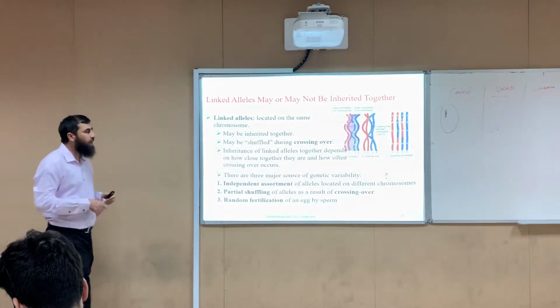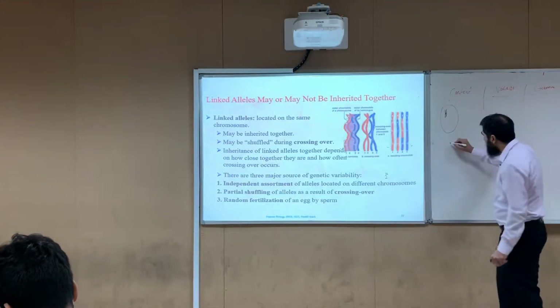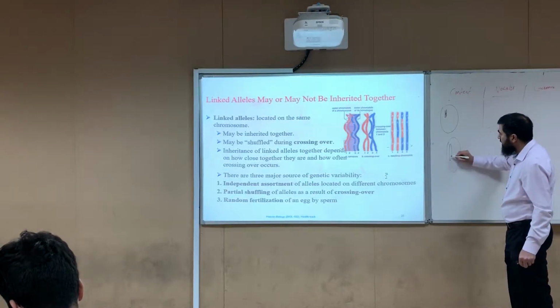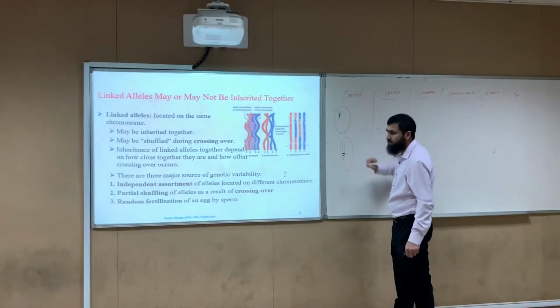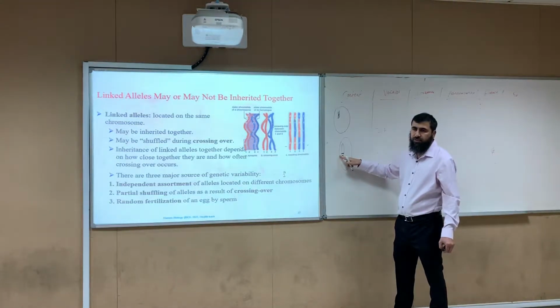Now linked alleles, if you have a look at the chromosome, they're on the same chromosome, okay? For two different traits, say straight hairline or widow's peak, or attached and unattached earlobes.